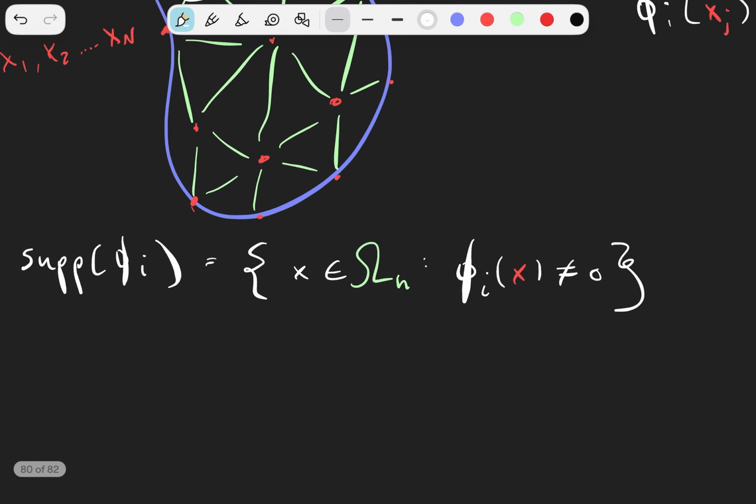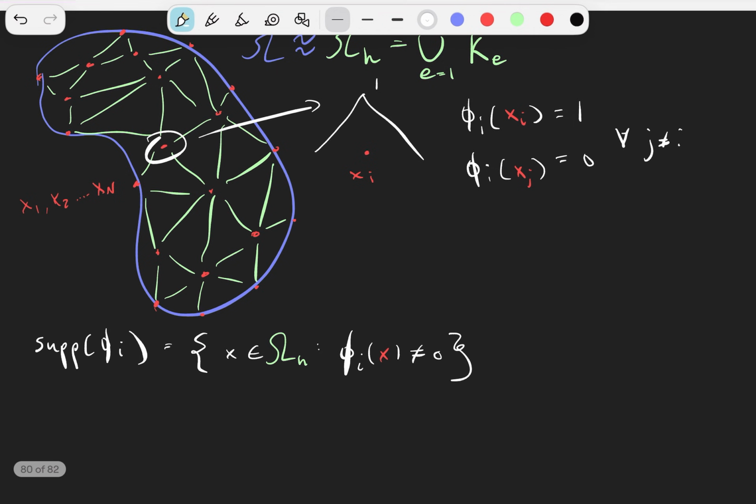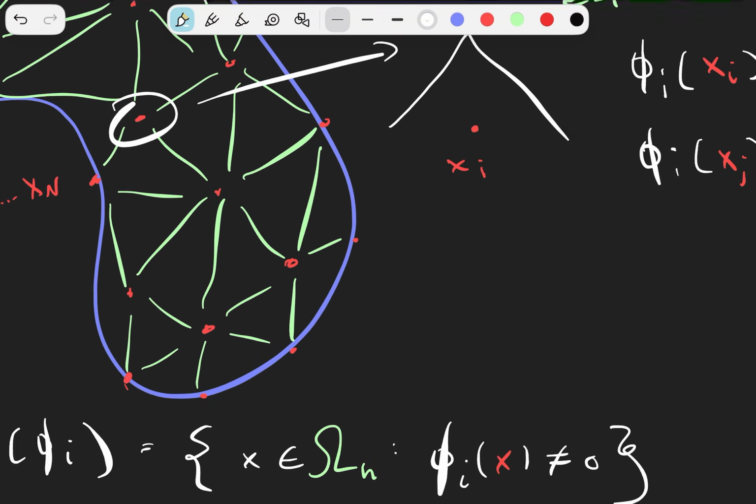And what we can do is wire a circuit. We can create a circuit wiring. So let's say we want to wire a circuit from over here.